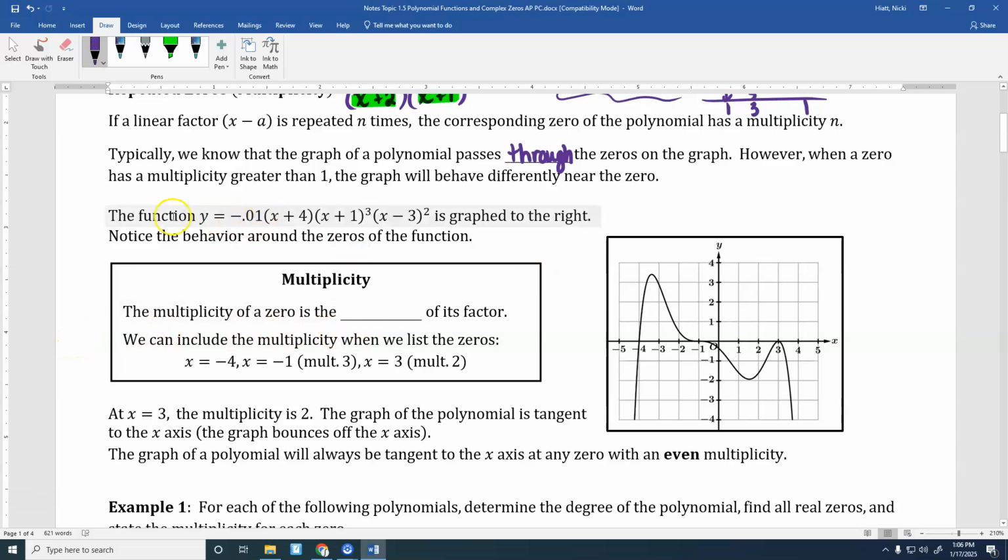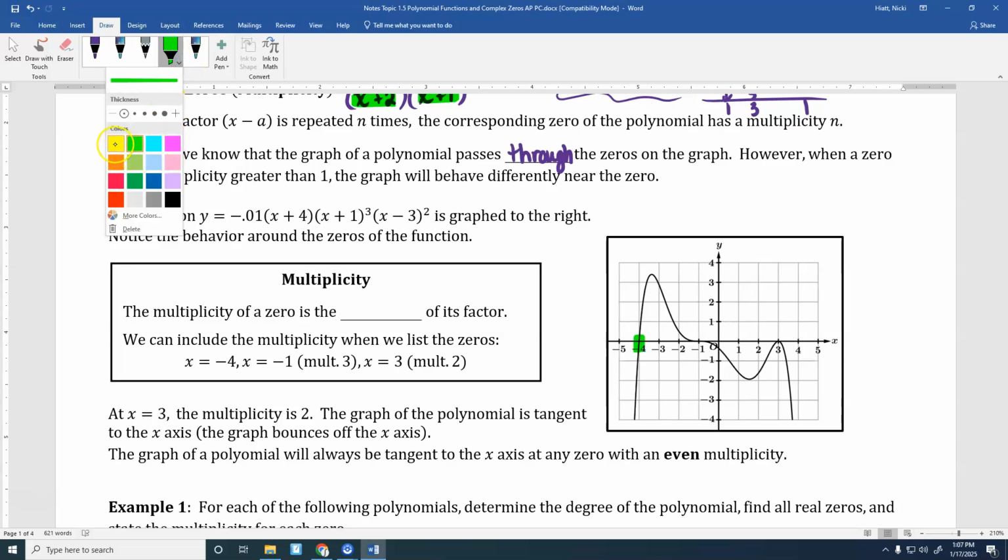So if we look at this equation right here, they've graphed it over to the right-hand side. We've got y equals -0.1 times x plus 4, x plus 1 to the third, x minus 3 to the second. First of all, let's look at where the zeros are on this graph. You'll notice that we have one of them at -4.